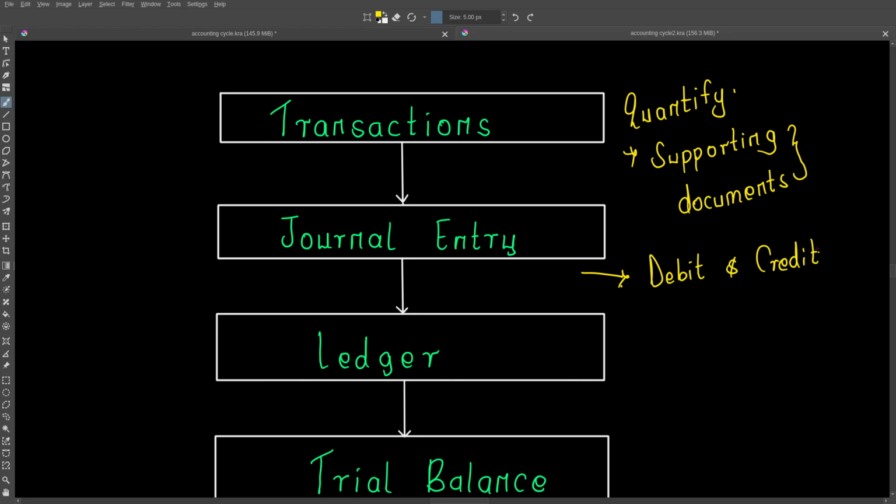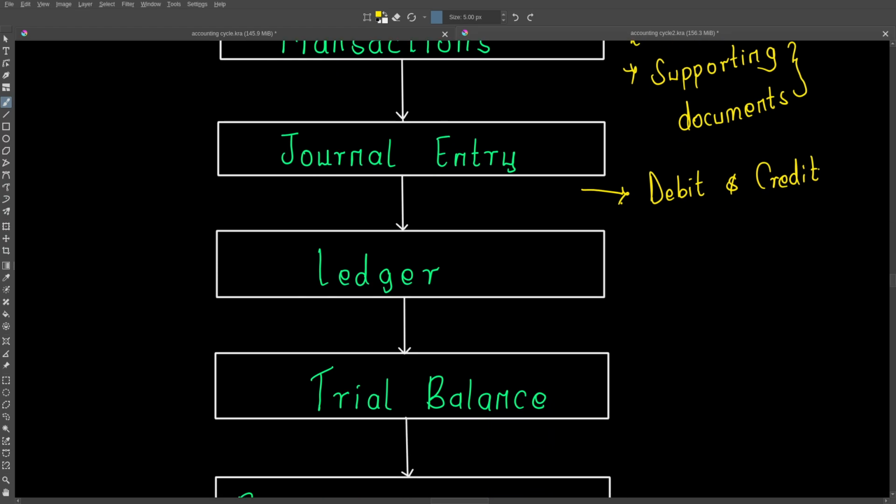Okay, so once we record every transaction by passing this journal entry, that is a debit and a credit, we come and summarize that in a ledger. The ledger is basically a summary for each account. For each account we can pull the debits and credits that have been passed on these accounts.